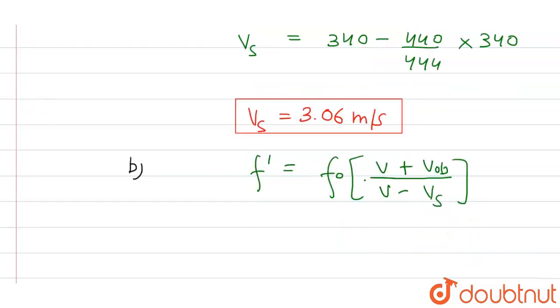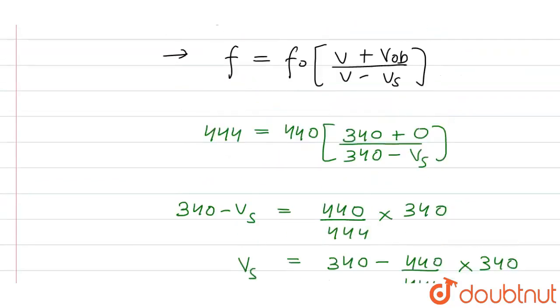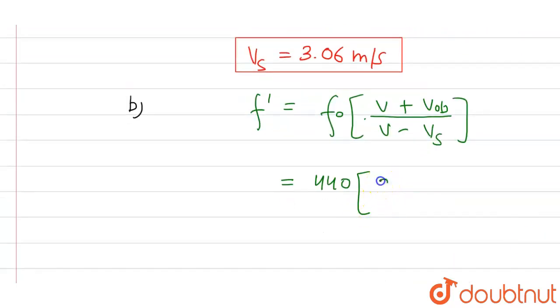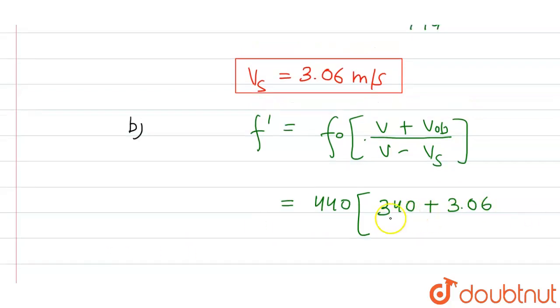Now we'll put in all the values to find F dash. F naught is 440, the velocity of sound in air is 340. As the observer is approaching the source, the velocity is positive, plus the velocity of the observer. The observer is on the train, so the velocity of the observer is the velocity of the train, which is 3.06 meters per second, divided by 340 minus the velocity of the source.